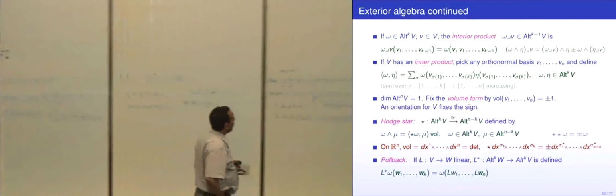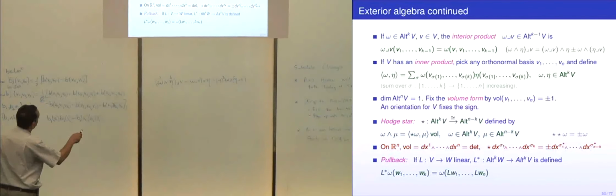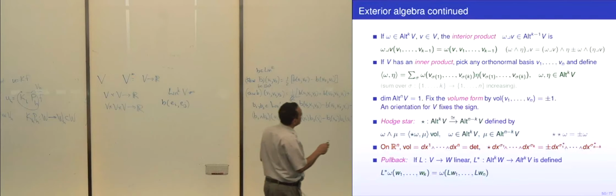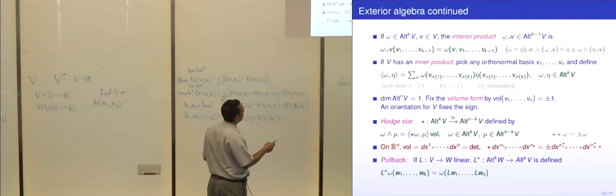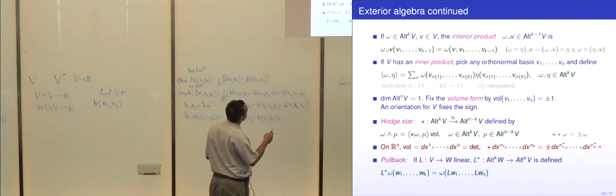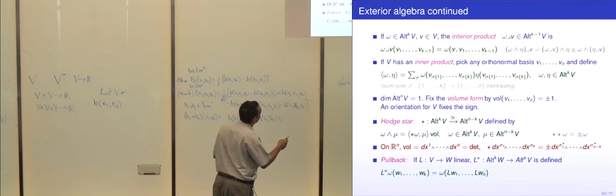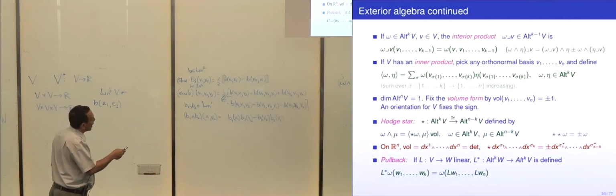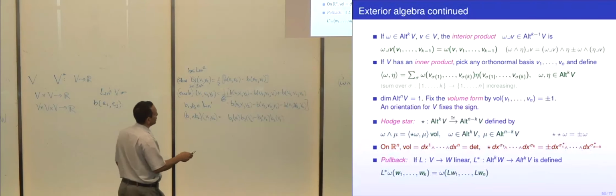If you have a vector space with an inner product, then all the orthonormal bases are either the positive ones, the right-handed bases, or the negative ones, the left-handed. And if we pick which ones we consider the positive ones, and we pick our inner product, then there's a unique volume form, and it's determined to be the unique element in alt n of v that takes all the positive orthonormal bases to 1.